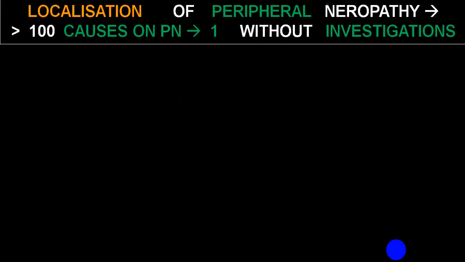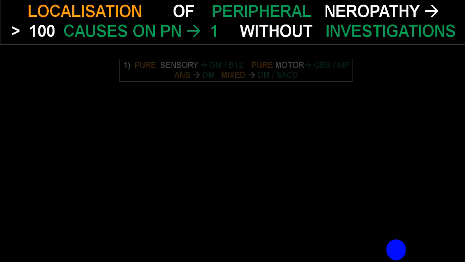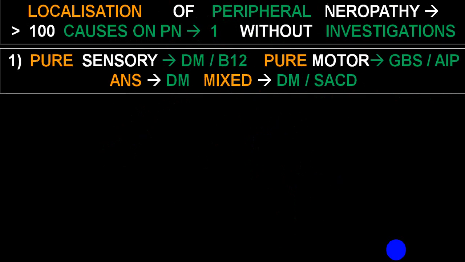So, localization without investigation. One, if it is pure sensory, there is no motor involvement, suspect diabetes mellitus and nutritional deficiency. If it is pure motor, with little or almost no sensory, think GBS, that is Guillain-Barré, and acute intermittent porphyria.